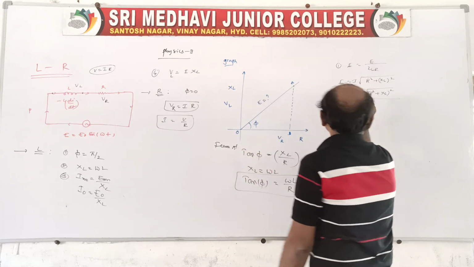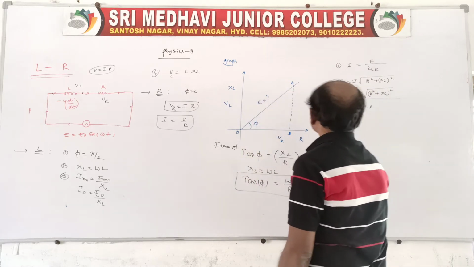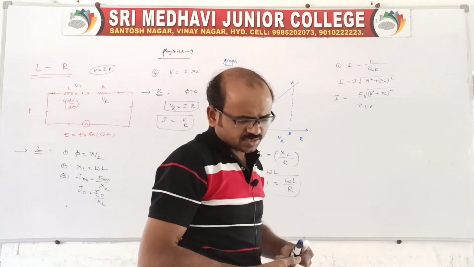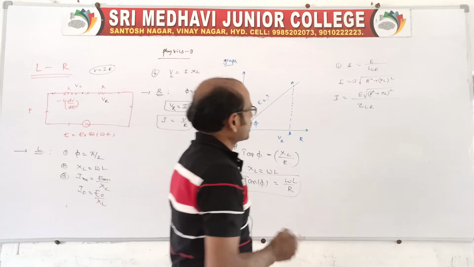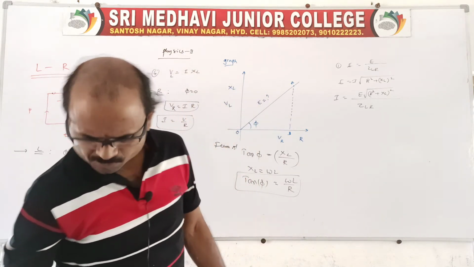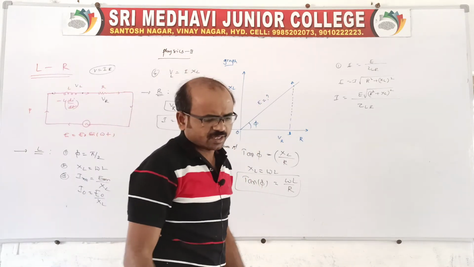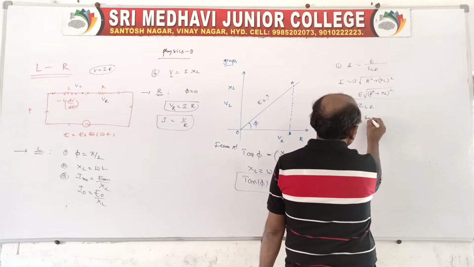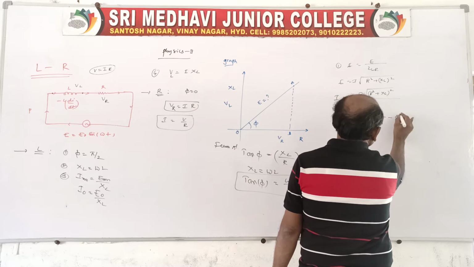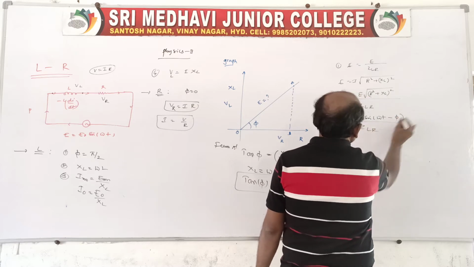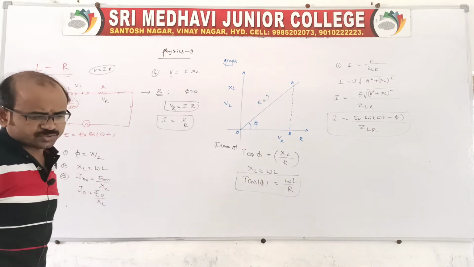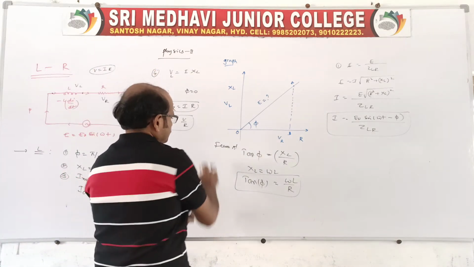Instead of E, we can also say E naught sin omega t. So I is equal to E naught sin of omega t minus phi, because the current flows like this. Is it okay now?